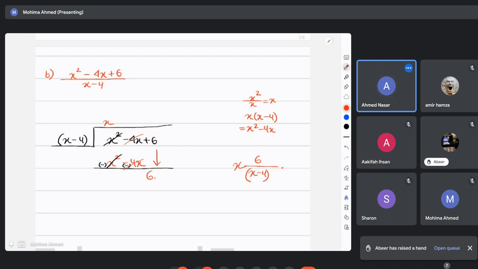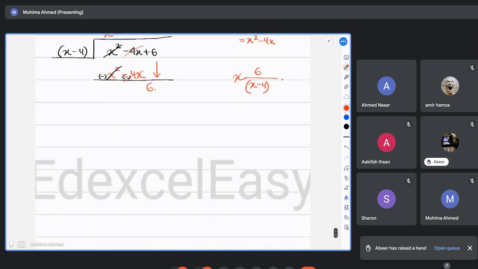Can it be x minus 4 over 6? Are both the same thing? No, they're not the same thing. Let me tell you why. This is actually in a mixed fraction format. Let me just use simple numbers to explain how I can extract this kind of polynomial into a mixed fraction.